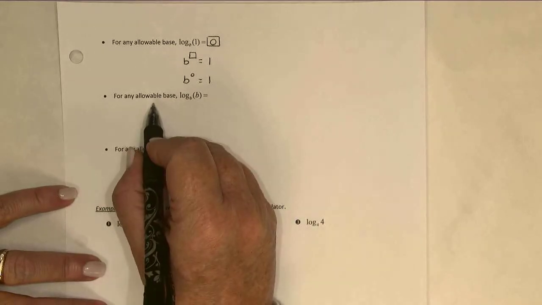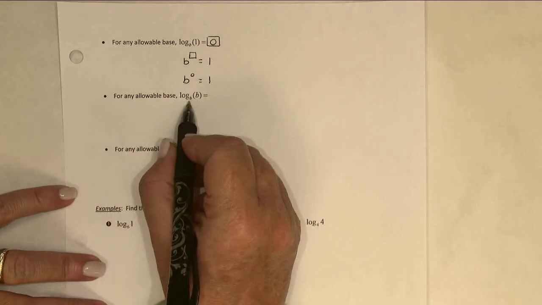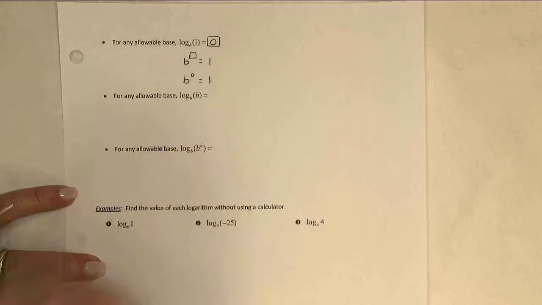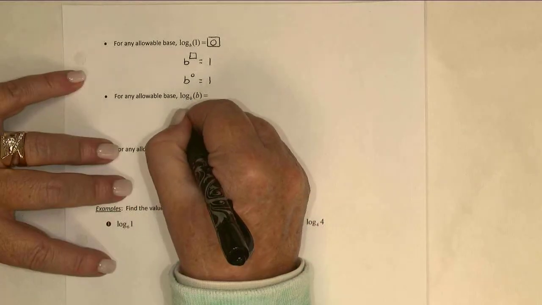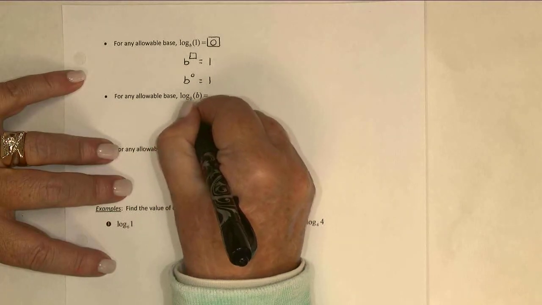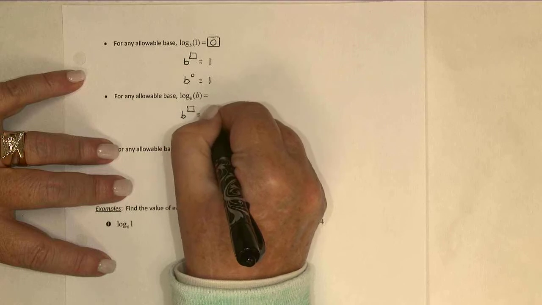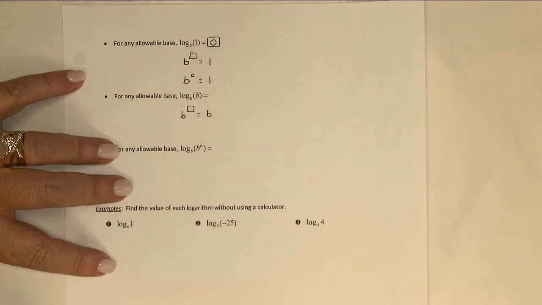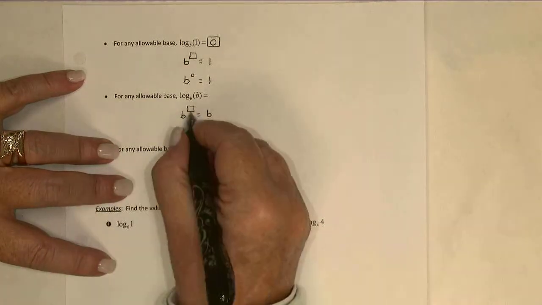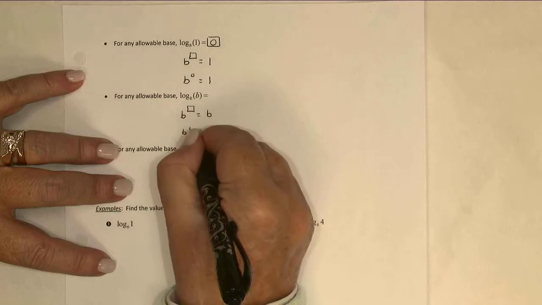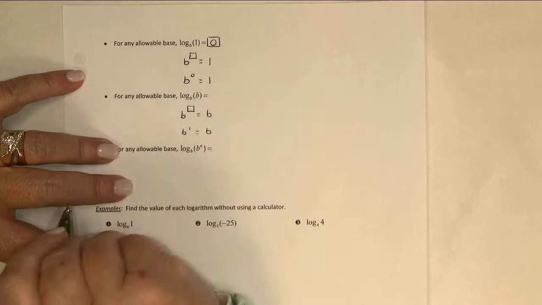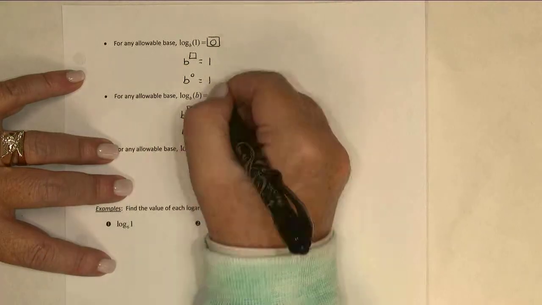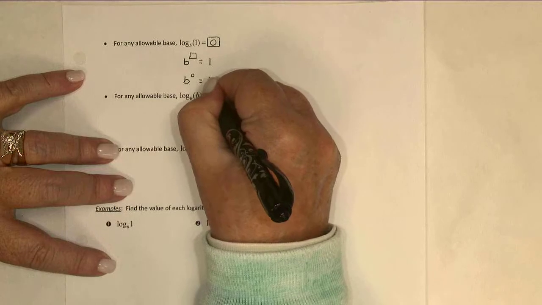Again, assuming an allowable base, what's the log base b of b? Or in other words, b to what power gives us b? Well, certainly b to the first power is b. So the exponent would be 1, and the value of the logarithm is 1.